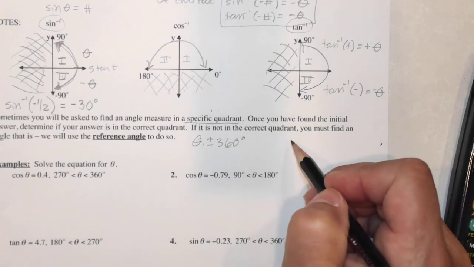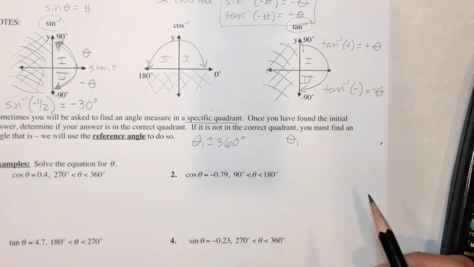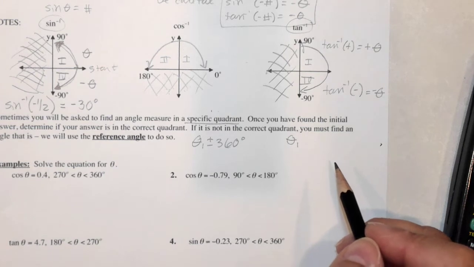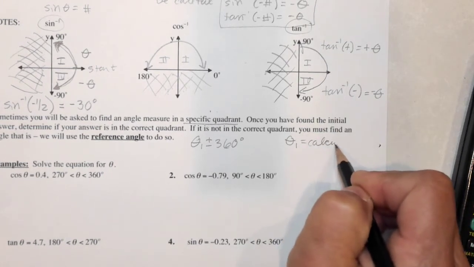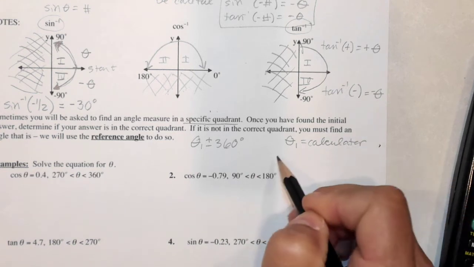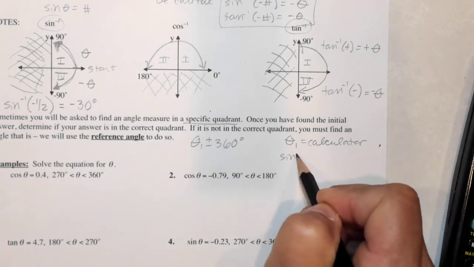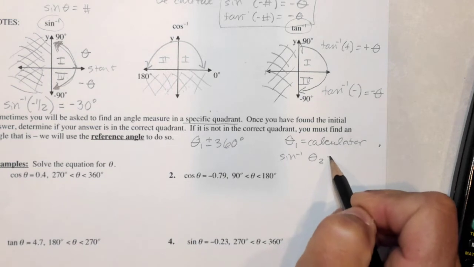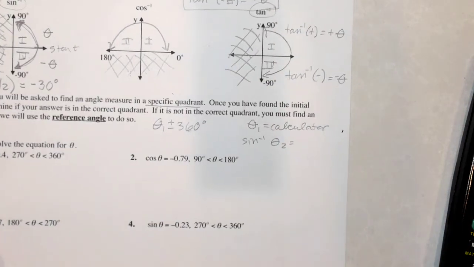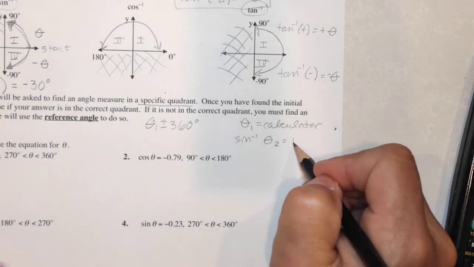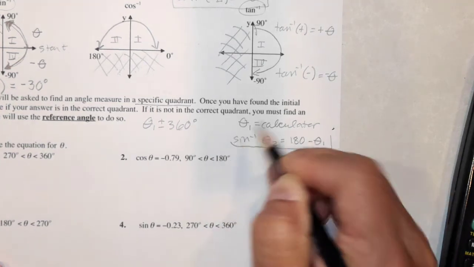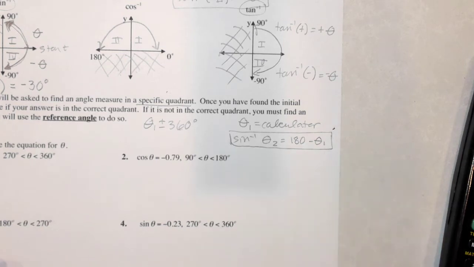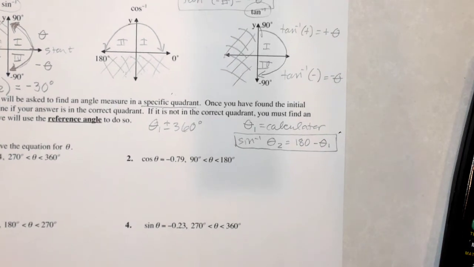So when you use your calculator to find your first option, we'll call that theta 1, that's the one you got from your calculator. With sine inverse, to find your second option, because you won't have the unit circle to look around for the second one, you will always take 180 minus your first option, because that's the relationship they have. They always total up to 180.